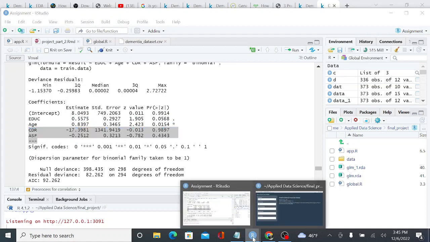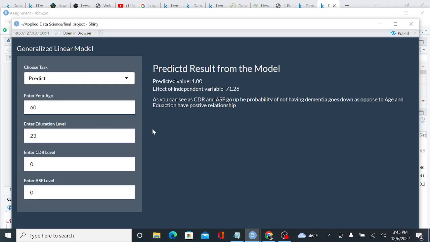So let's go back to our model and see what happens if you crank up the CDR level. If your CDR is getting higher, then you're affected, even though you're at a young age.